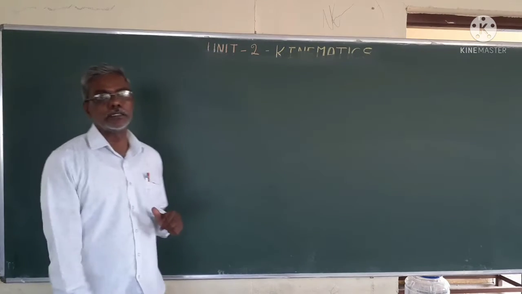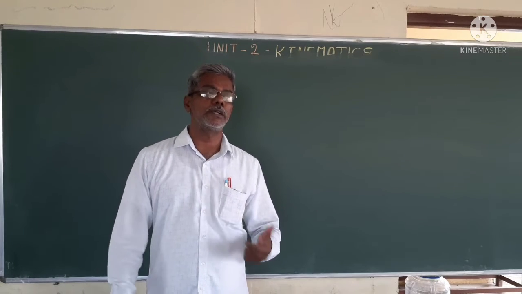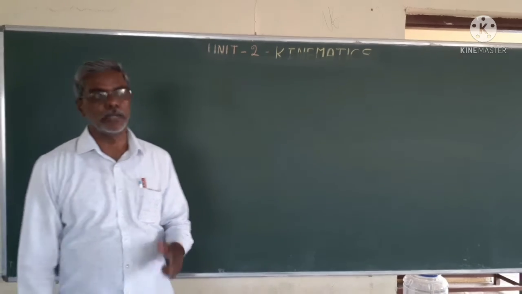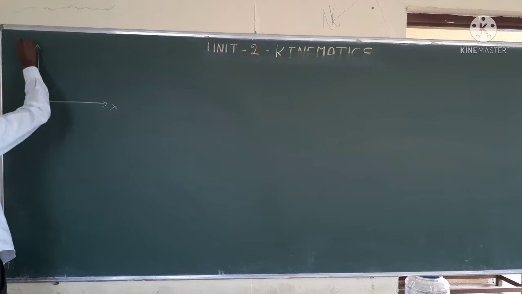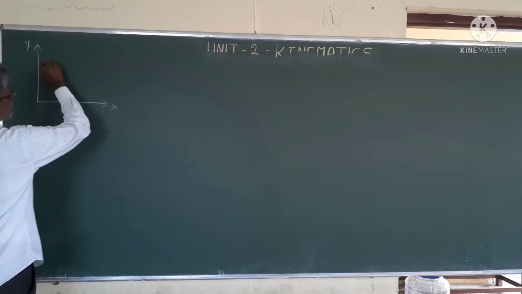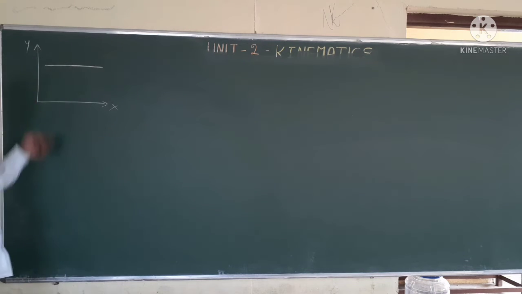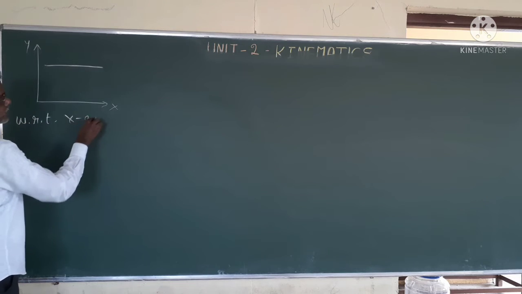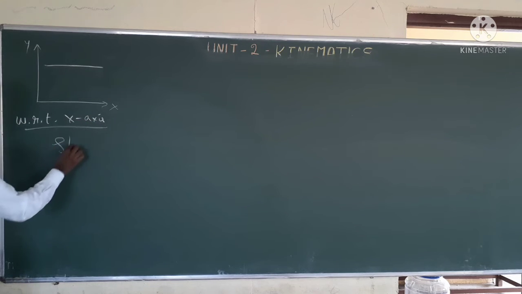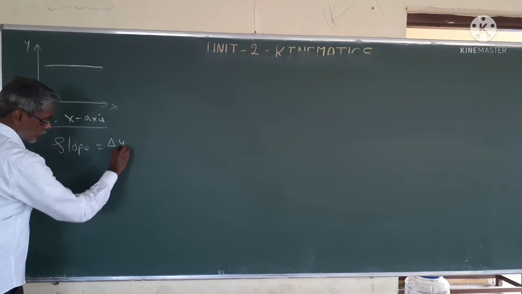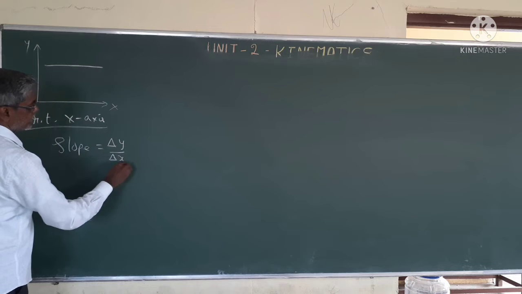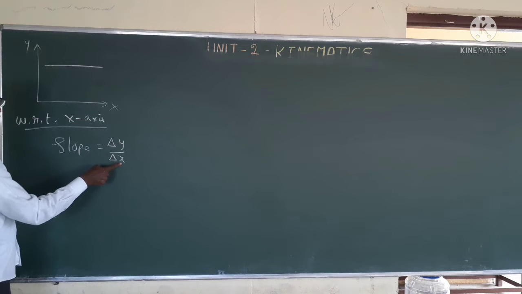Now we will find the slope with respect to the x-axis and with respect to the y-axis. For the horizontal line, I want to find the slope with respect to the x-axis. So slope is equal to delta y by delta x, with x in the denominator.